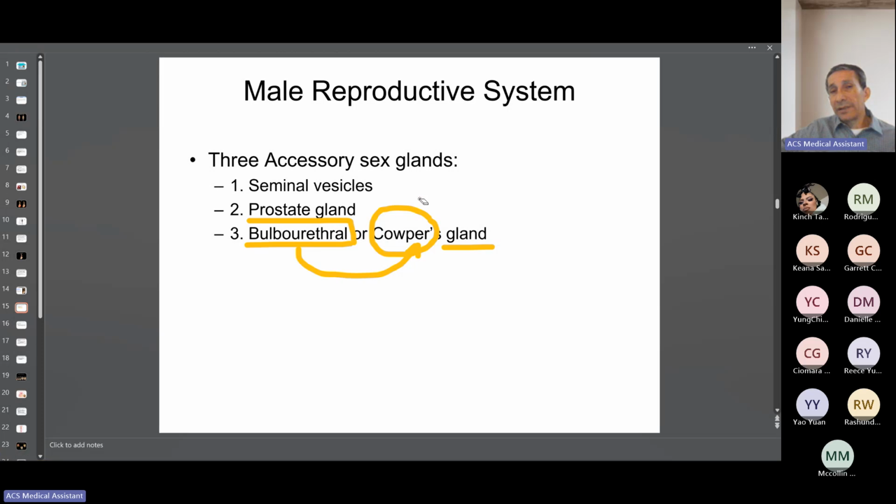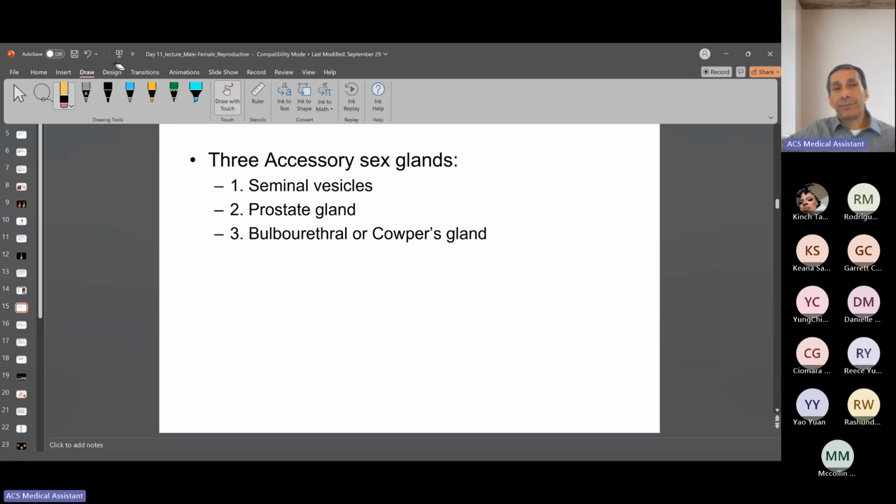Because it receives a different name, most of the time it's a common question for exams. Remember, bulbourethral gland, Cooper's gland is the same. The same gland.